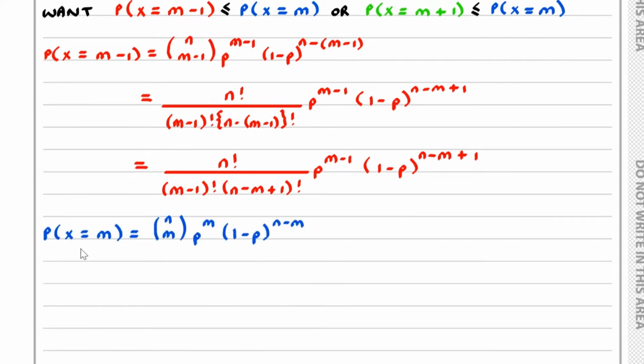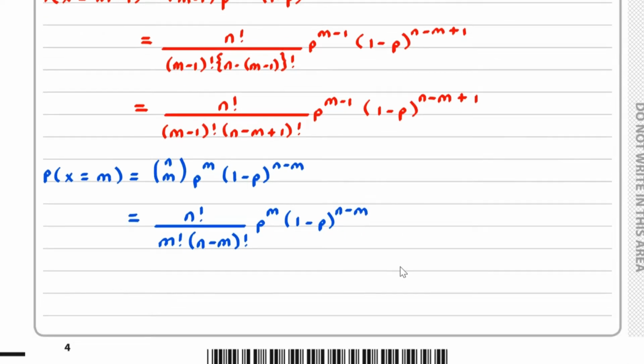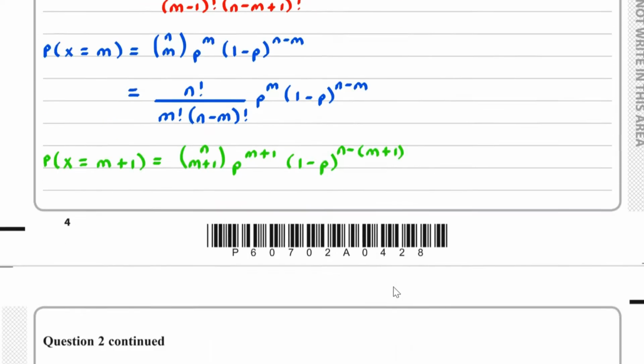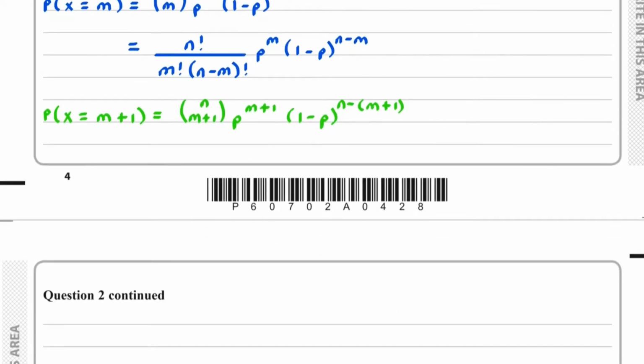Now the probability that x is equal to m, well, we calculated that in part A, and so if we simplify, we have n factorial divided by m factorial times n minus m factorial times p to the m times 1 minus p to the n minus m. And now if we calculate the probability that x is equal to m plus 1, well, we have n choose m plus 1 times p to the m plus 1 times 1 minus p to the n minus, and then in brackets m plus 1. So now we can tidy all this up.